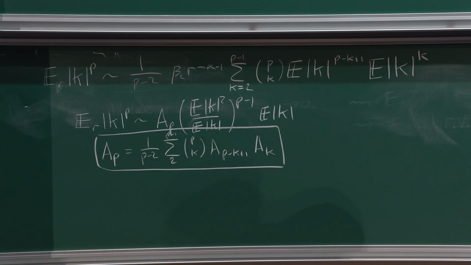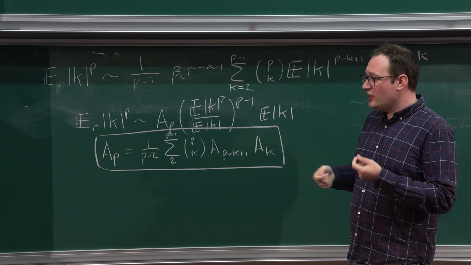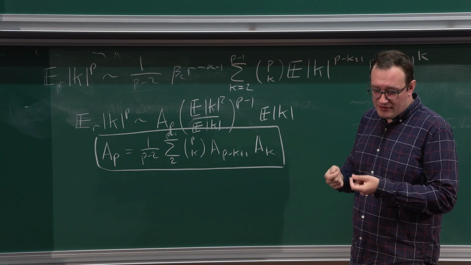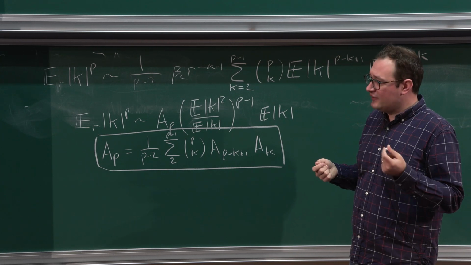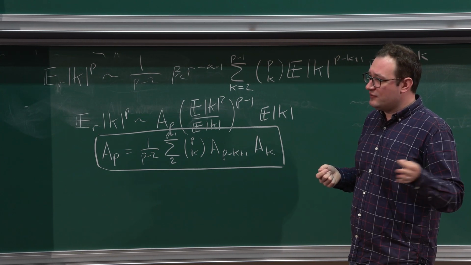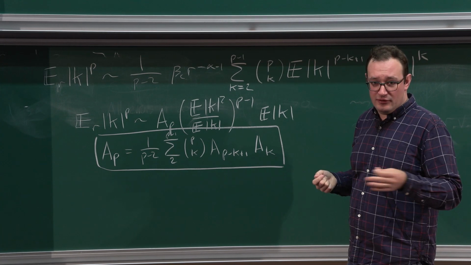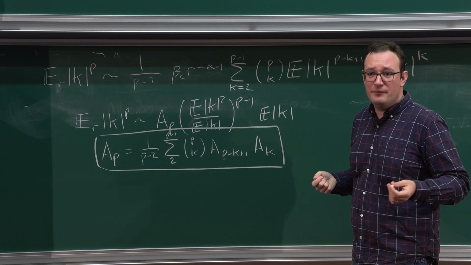If you want to show this is true, it ends up being related to some generating function identities, basically that the double factorials arise in the generalized binomial expansion, the half-integer binomial theorem.